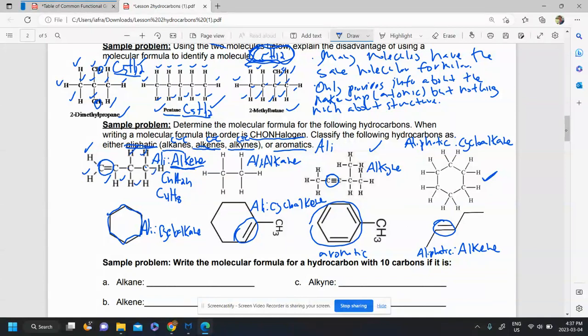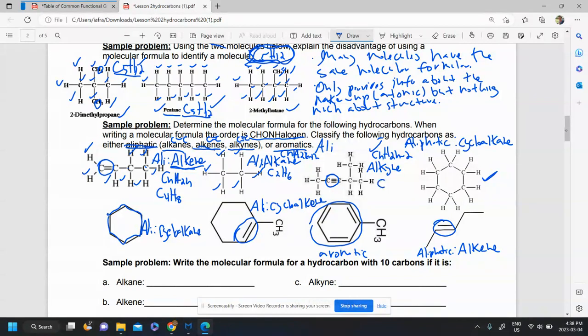C4H8. Alkanes, remember their molecular formula was CnH2n plus 2. So we have 2 carbons, 2n plus 2. So 2 times 2 is 4, plus 2 is 6. Let's see. 1, 2, 3, 4, 5, 6. That worked out. Alkyne was CnH2n minus 2.